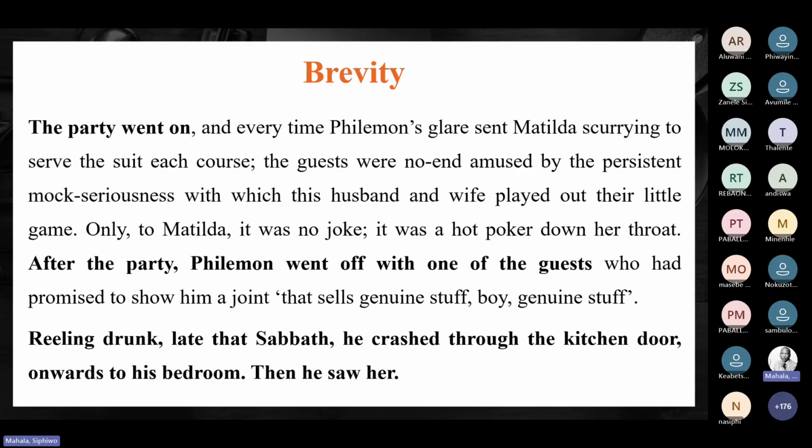You could trace Philemon's journey from that joint back home, but it is compressed in such a way that the author takes you to the key elements that he wants to communicate. So in all, this story, even though it entails so much information, is told in such a brief way. So this is how you trace brevity. This is what we mean by brevity.